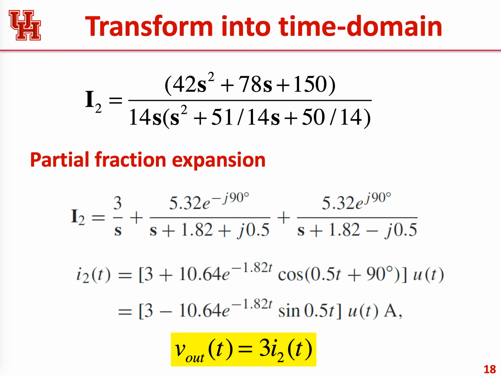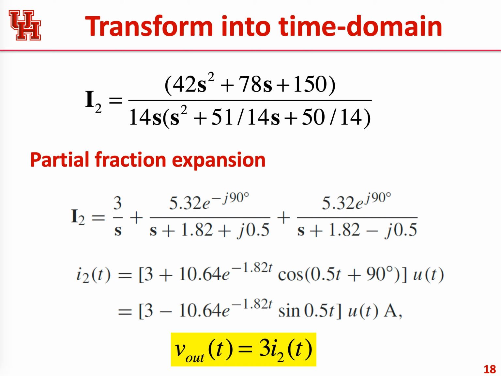So this gives us a form for the current I2 of t in the time domain that looks like 3 plus 10.64 e to the minus 1.82 t cosine. So basically the cosine comes from combining these two terms.